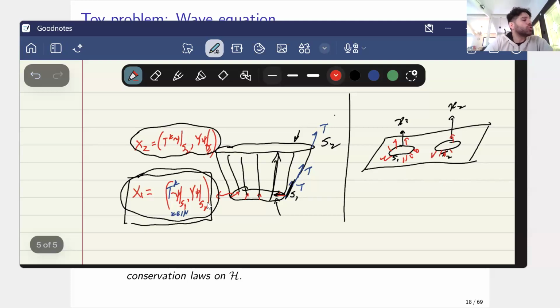Then finding a solution to the wave equation that satisfies this data at these spheres is trivial, precisely because there is absolutely no constraint going from here to here, right? The initial data, the space-like initial data are freely chosen for the wave equation on a space-like hypersurface. So the space-like gluing problem, at least when you look at one transversal direction, one normal direction, is trivial.